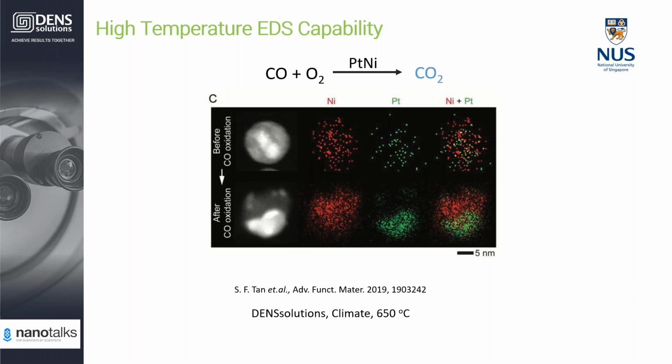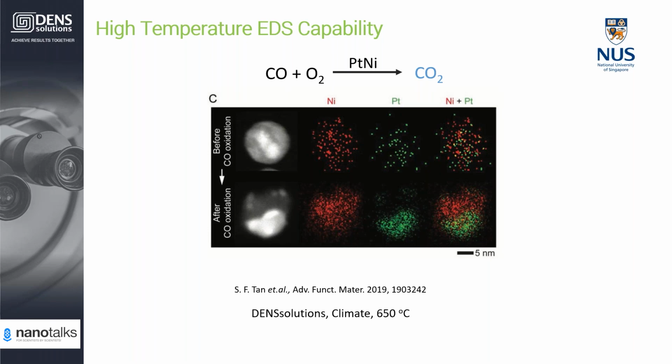So at high temperatures, like in the furnace holders, when it reaches about the maximum around 400 Celsius degrees, the thermal radiation from the holder and the grid will quickly cover the signal from your sample. That makes the EDS signal unable to reveal anything from your sample anymore. But with our metal heater design, we minimize the heating area and minimize the thermal radiation. Then actually we maximize the X-ray signal from your samples, even at very high temperature.